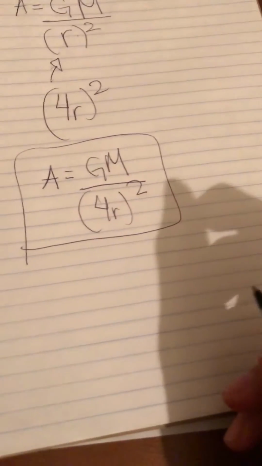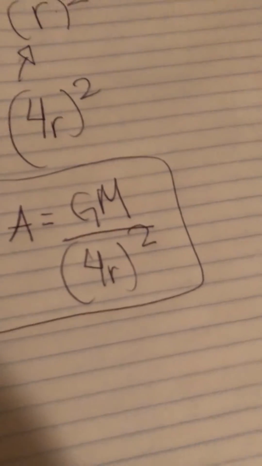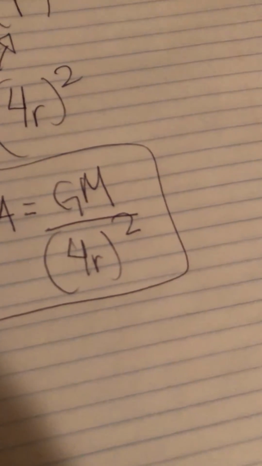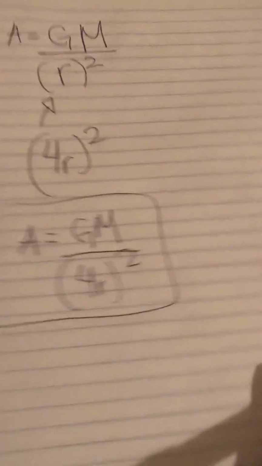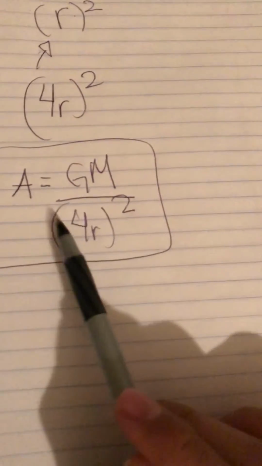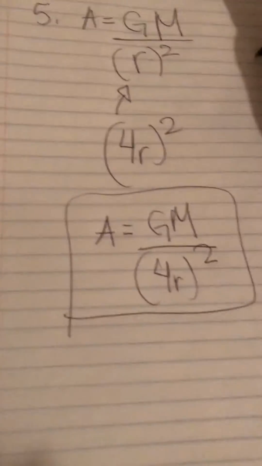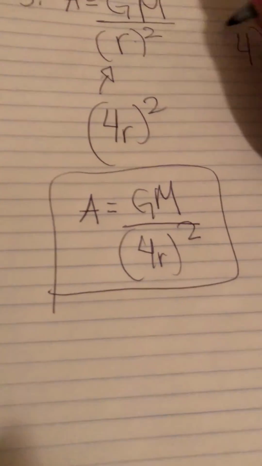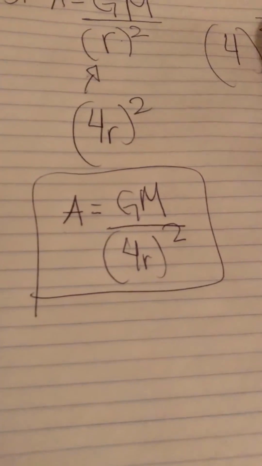But now, it's also asked what happens to the acceleration of gravity. So now, using this same equation, the final equation, we use 4 squared equals 16.